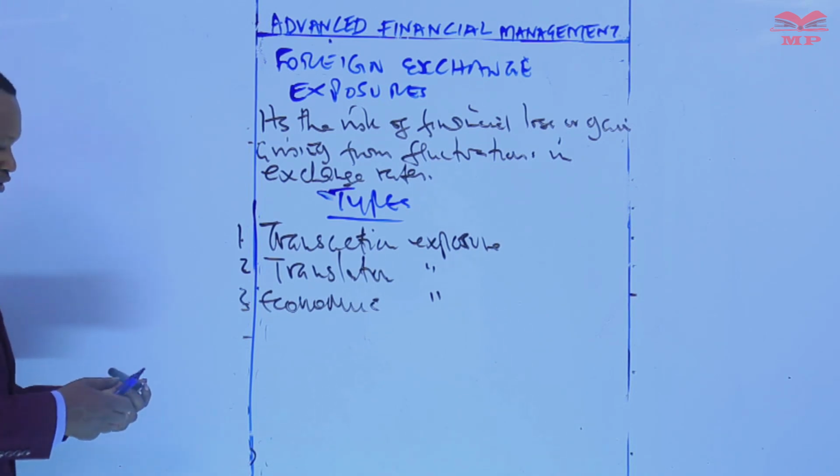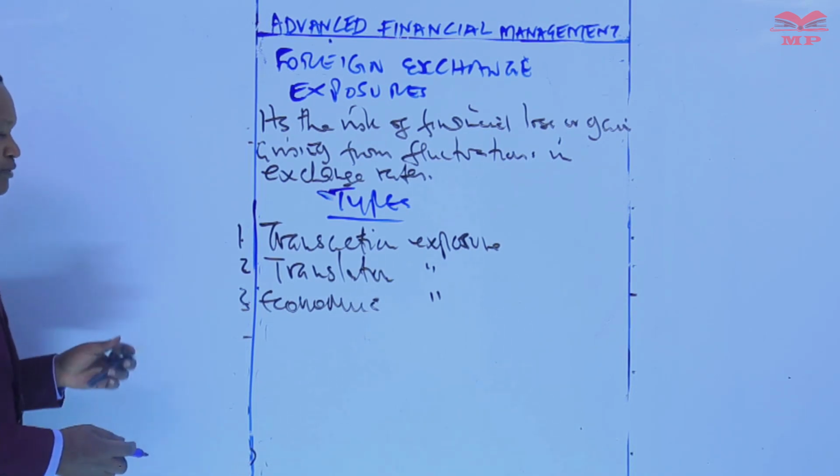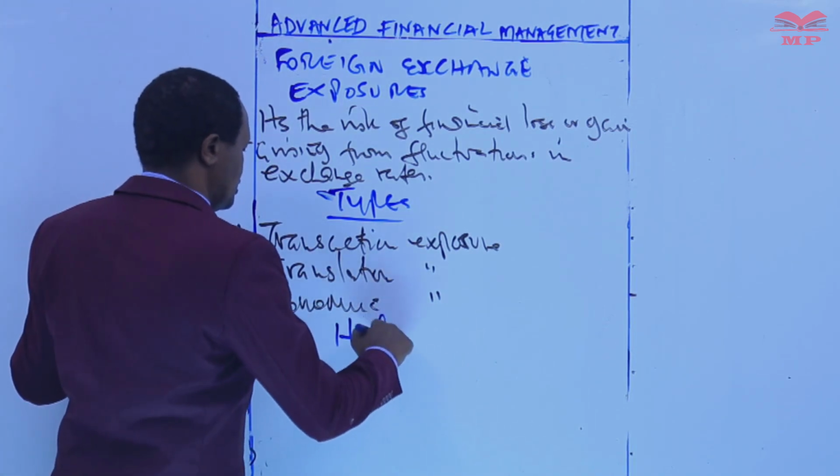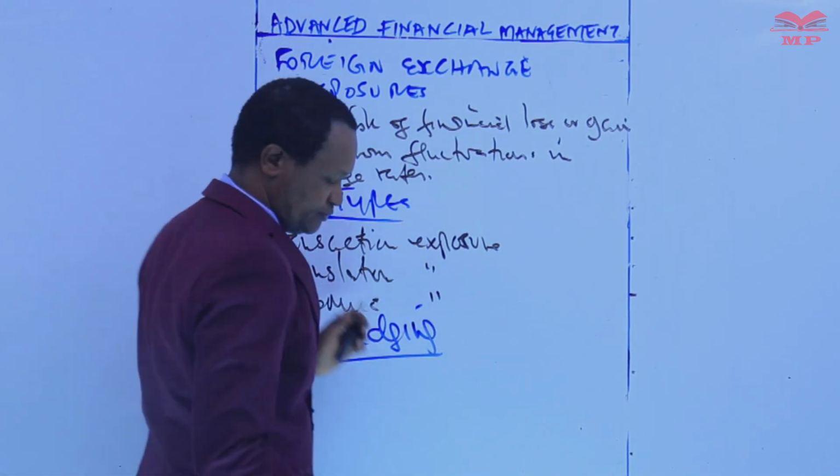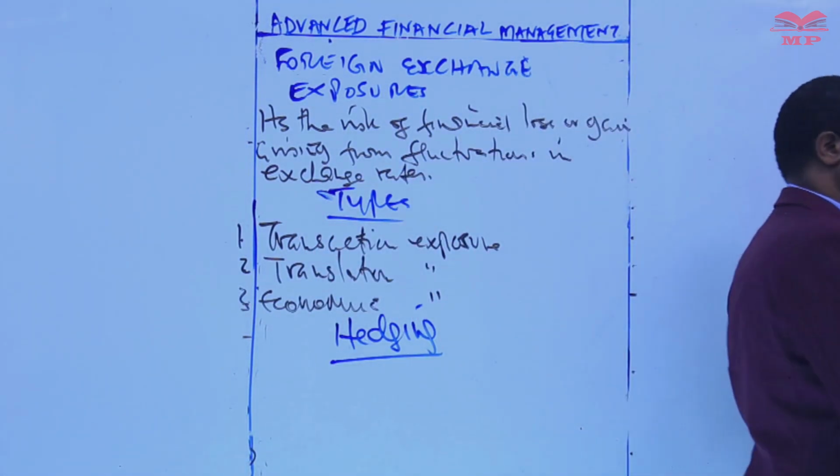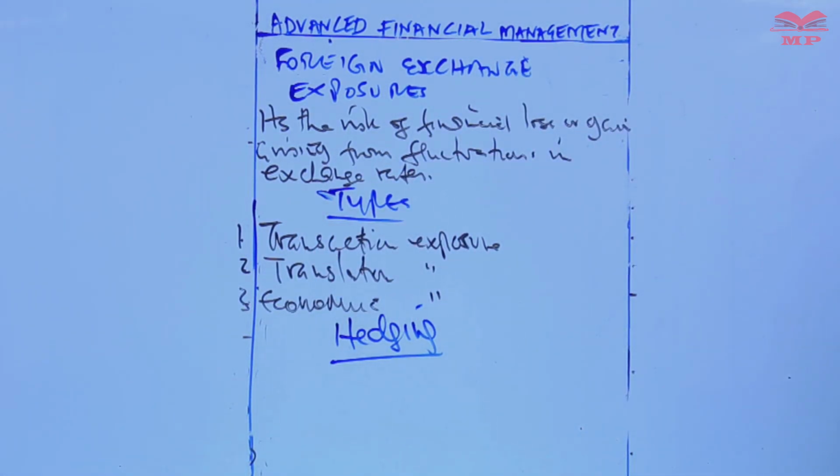So it is not enough to just discuss the types, it's important for us to at least discuss briefly hedging. How do you hedge? How do you reduce the risk of financial loss arising from fluctuations in exchange rates? Managing foreign exchange exposure can be done through hedging.